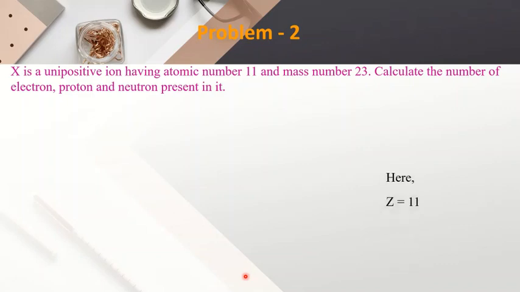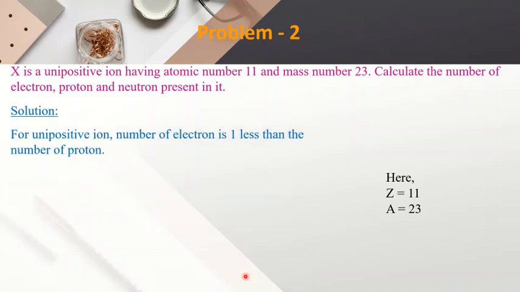Here, look, there is given atomic number, Z equal 11, and mass number A equal 23. And here, for unipositive ion, the atom is not neutral. For unipositive ion, number of electron is 1 less than the number of proton, because unipositive ion has more positive than negative.